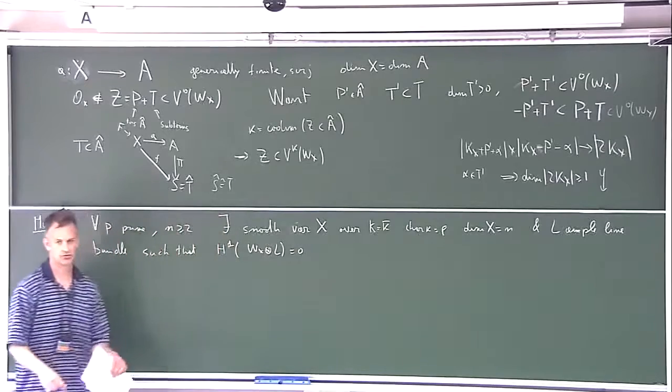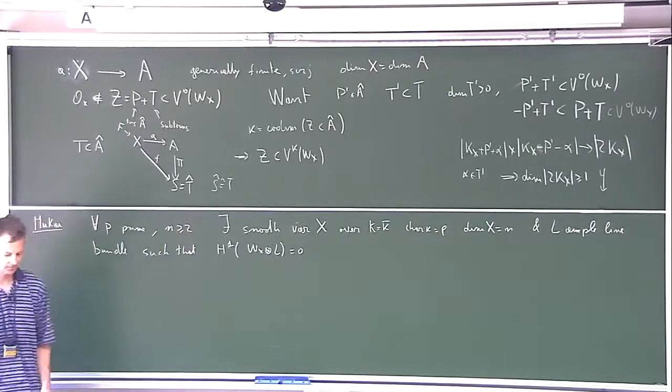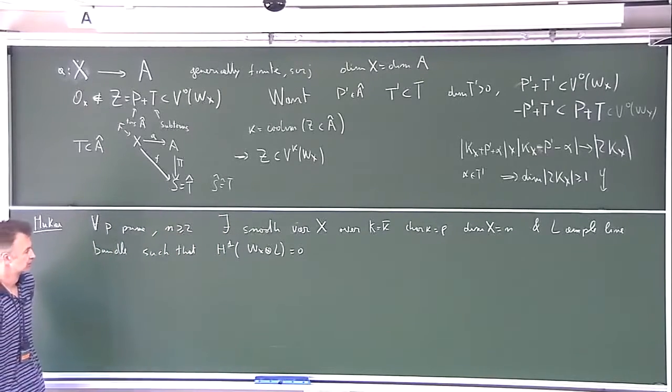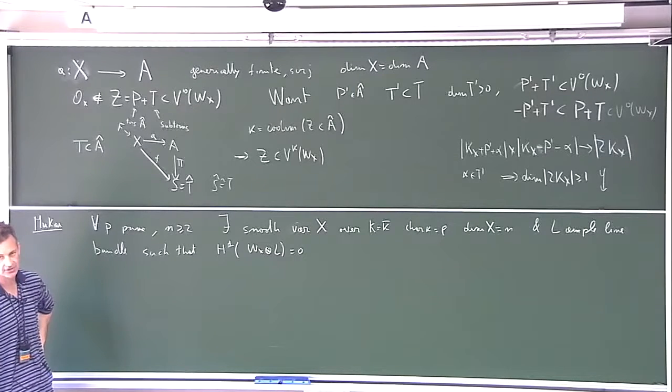Right? So you sort of have counterexamples to, in fact, Kodaira vanishing in any dimension for any characteristic.